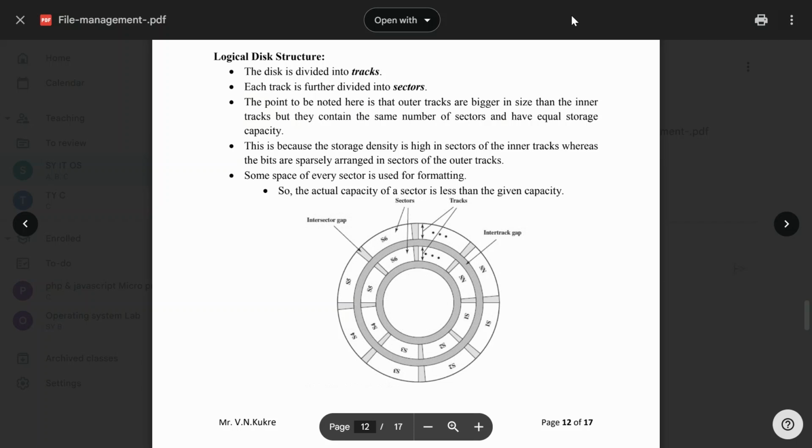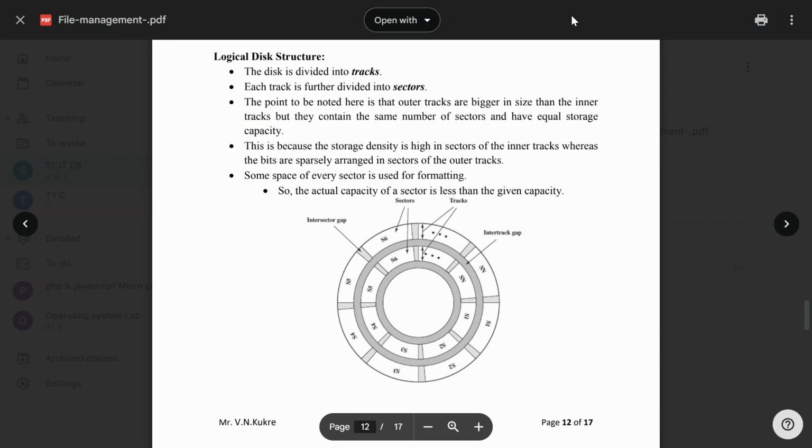The point to be noted here is that outer tracks are bigger in size than the inner tracks, but they contain the same number of sectors and have equal storage capacity. So the outer tracks are larger in size, but the capacity is the same for the inner tracks and the outer tracks.